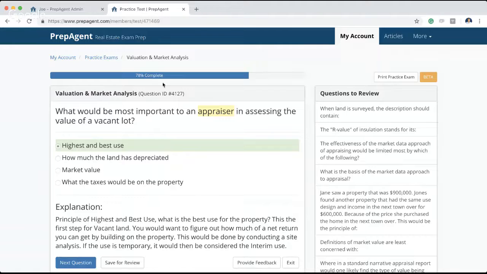Price divided by the rent. Price divided by rent. Can you guys give me an example of an annual gross rent multiplier? What would be a typical number? Give me the range for an annual gross rent multiplier. So it's just price divided by rent.